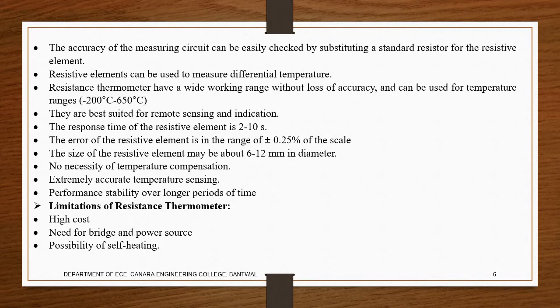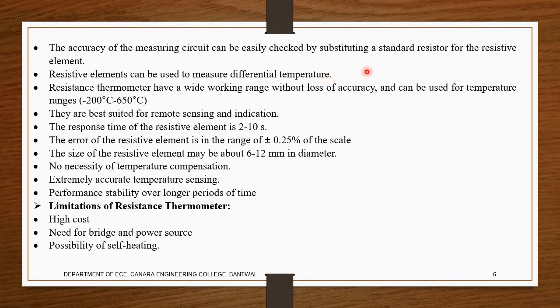The accuracy of the measuring circuit can be easily checked by substituting a standard resistor for the resistance element. So if you keep a standard resistance there, the accuracy can be checked easily. The resistance element can be used to measure differential temperature.